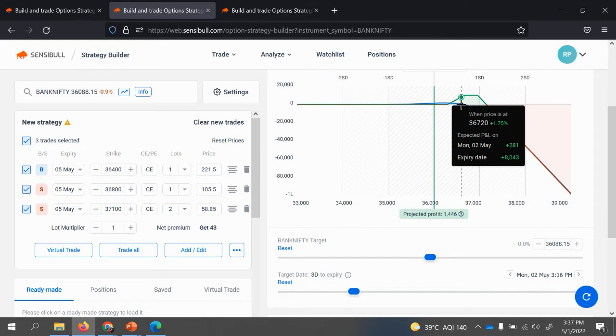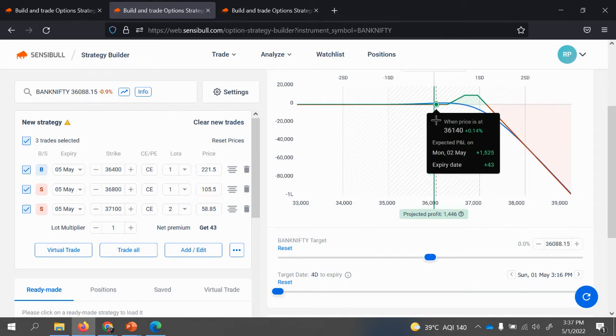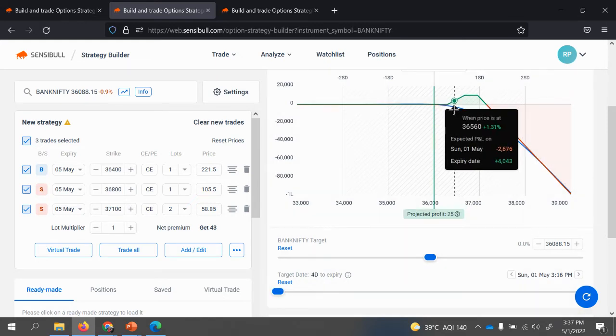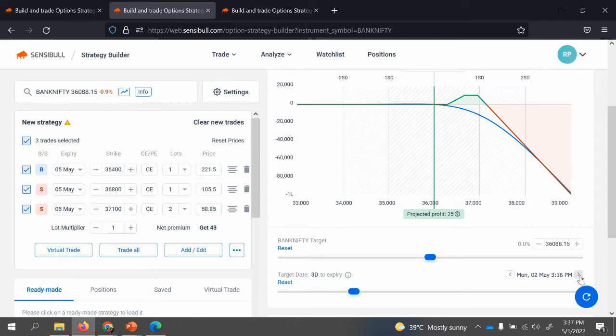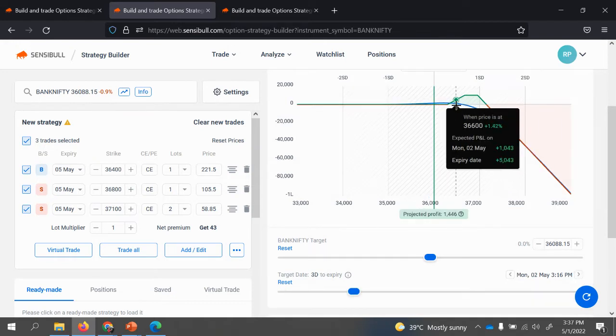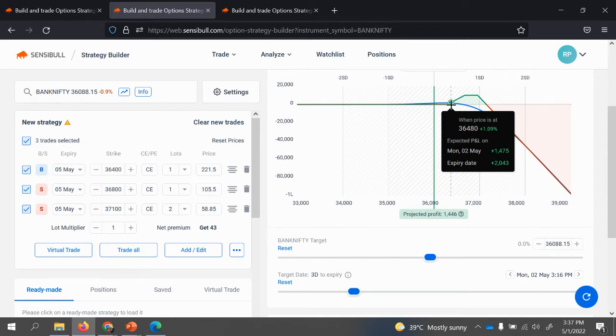Initially your loss was showing almost 3000, like 2419, with a move of 1.25%. What will happen if one day passes? With the same 1.25%, you are in a profit of 1475. I'm just trying to simulate.